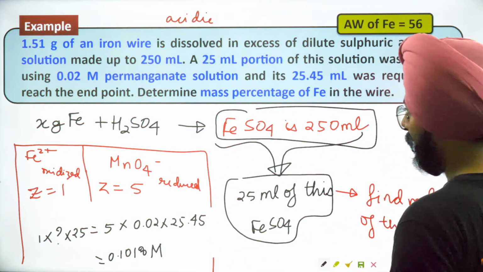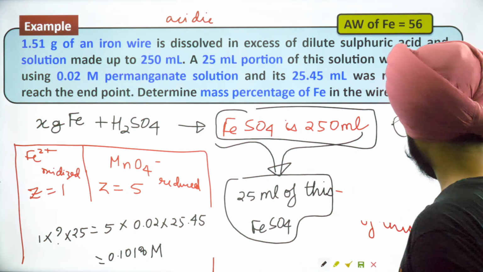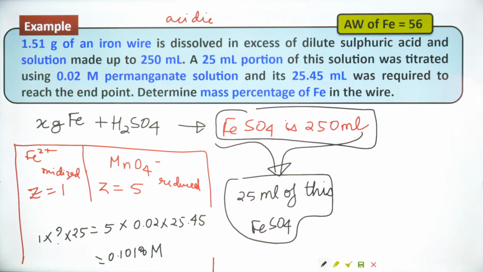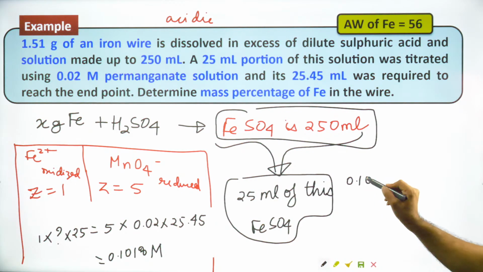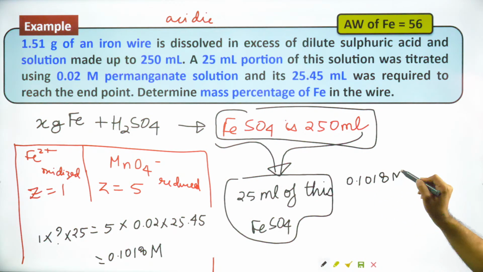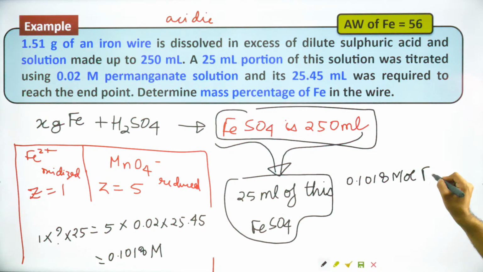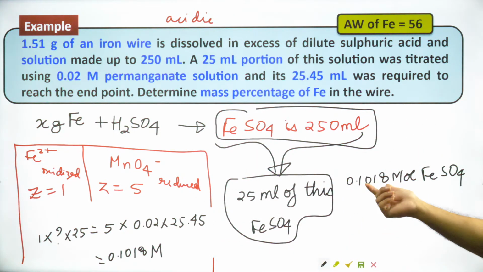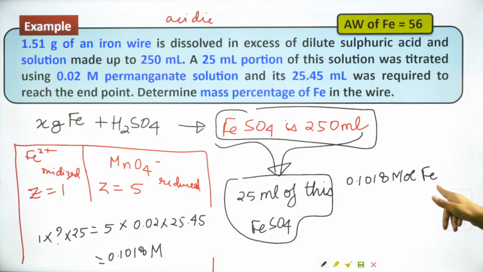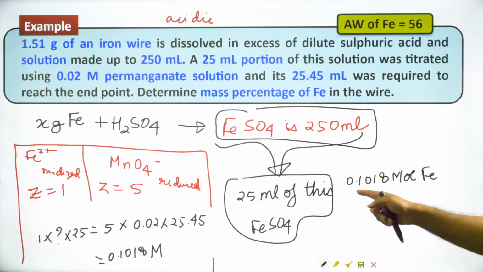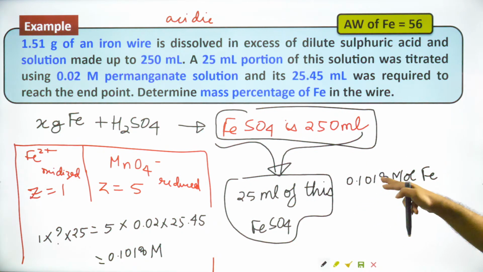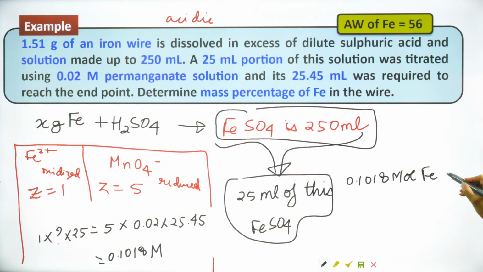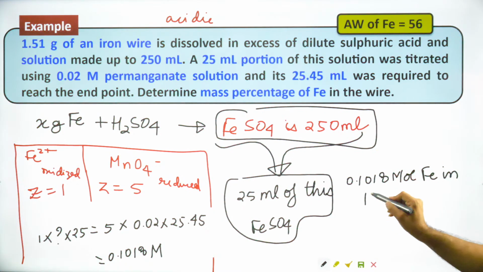So what that means is I've got 0.1018 mole FeSO4. Since there is one atom of iron in FeSO4, I can simply say moles of FeSO4 are as good as moles of iron. So there is 0.1018 mole of iron in 1 liter of solution.